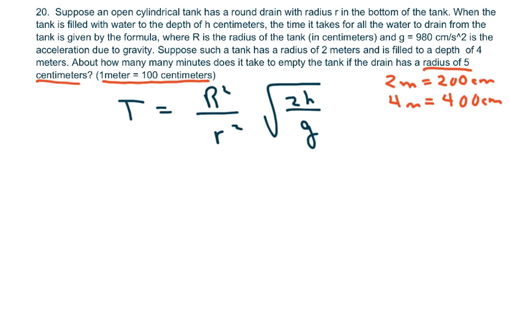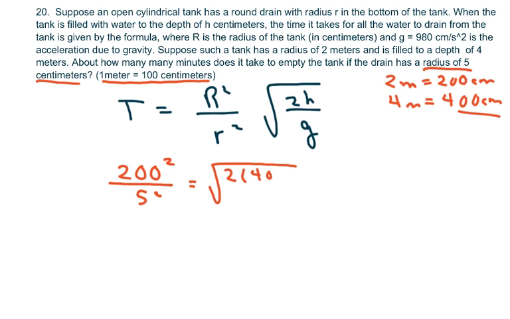So basically we're going to use substitution. R is 200, so you get 200 squared over 5 squared, and again I'm letting you read the problem, equals the square root of 2 times 400 from here over your g, which is here, 980.